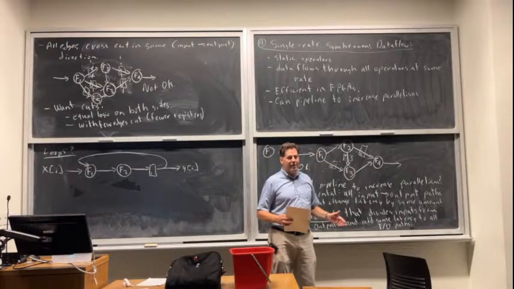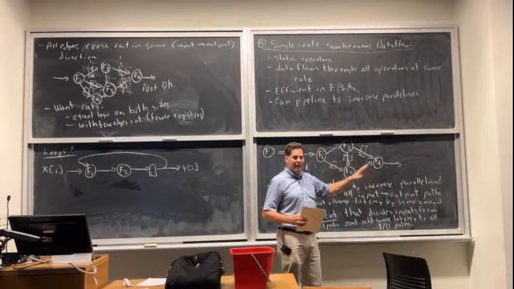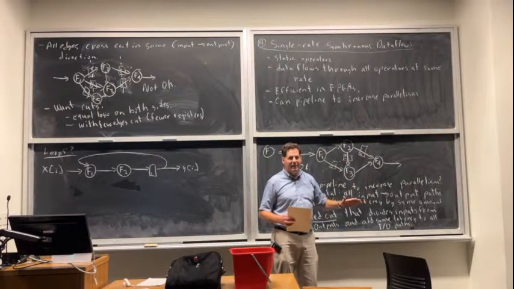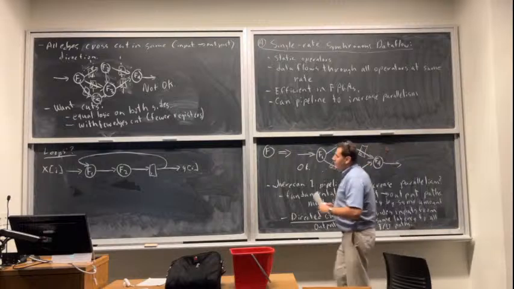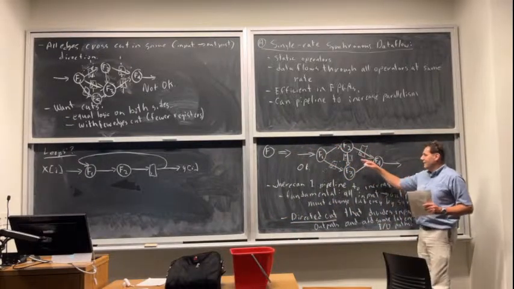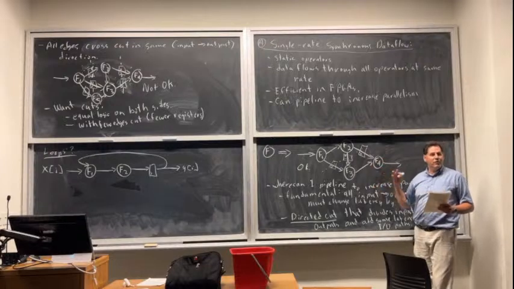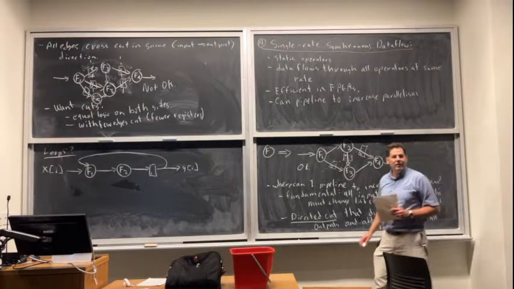All the edges have to be flowing from one side to the other, like the input side to the output side. And there's still the occasional case where you wind up with a cut that disconnects the input and output, but your latencies still don't match. And in that case, you still have to reject it.